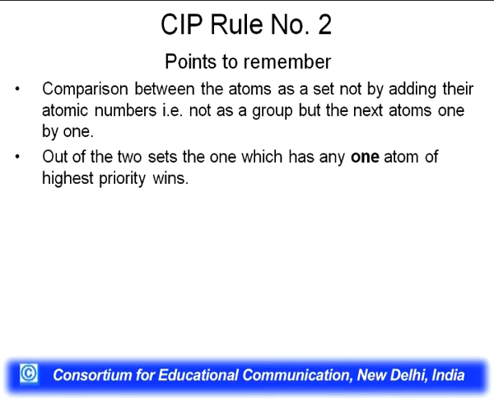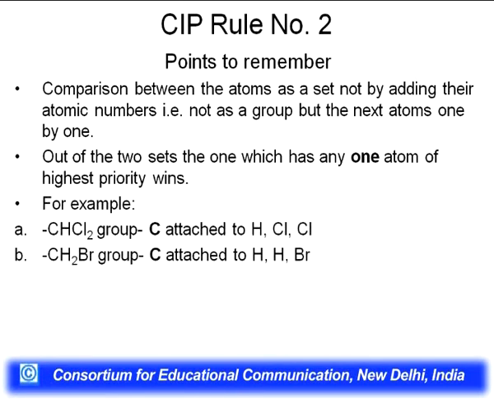There is another rule: out of the 2 sets, like in the previous example where we have H, H and C and H, H and H, get the one atom of highest priority. The set with the highest priority atom wins over the other set of atoms, and that group has the higher priority.